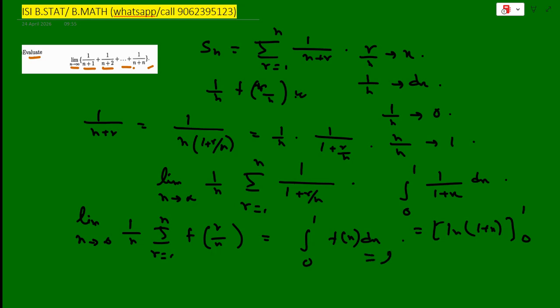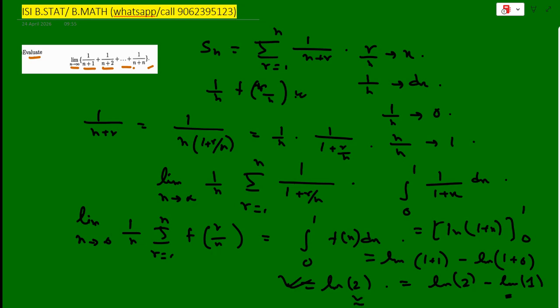Now this is natural log 1 plus 1 minus natural log 1 plus 0. So this is natural log 2 minus natural log 1. Okay, and since natural log 1 is 0, our final answer will be what? Natural log 2.